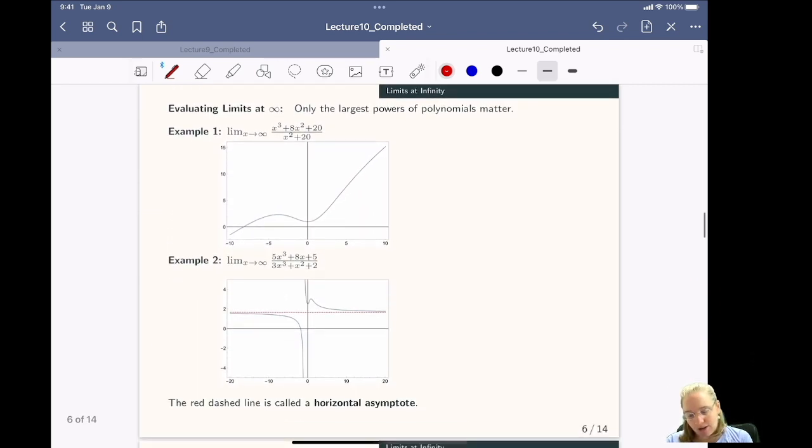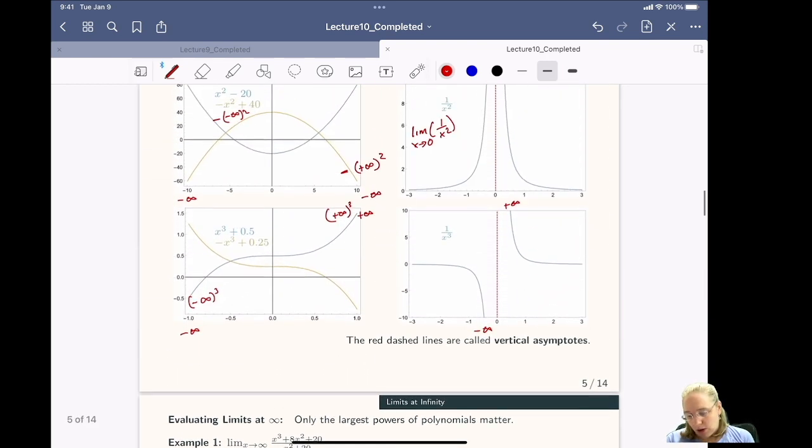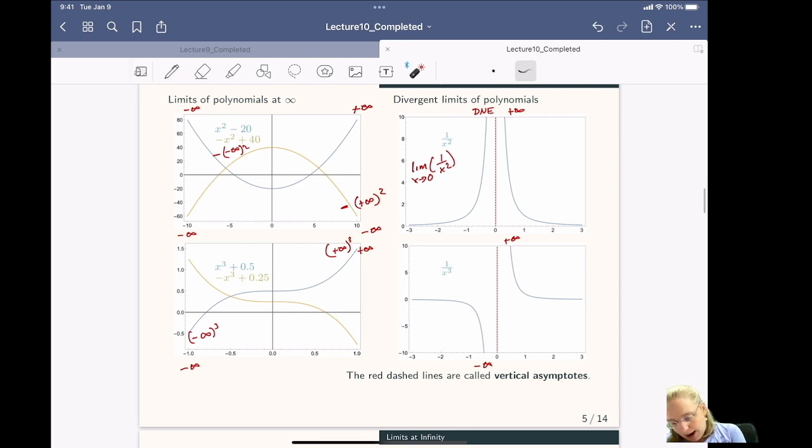All right, so now we've talked about limits of polynomials. How do we actually evaluate the limits of polynomials as the independent variable goes to infinity? Well, the key point, as you might have noticed up here, is that all that matters is the largest terms. If we're taking the largest terms that are infinity and squaring them or cubing them, whatever is the highest degree term is going to overwhelm all of the other terms.